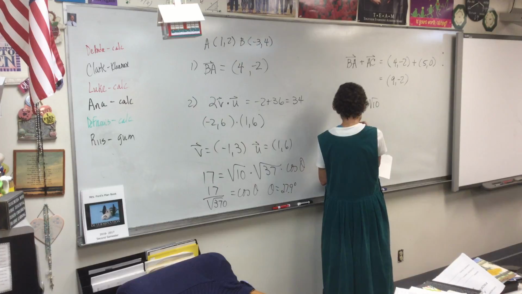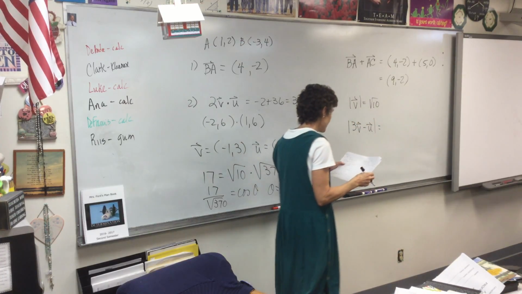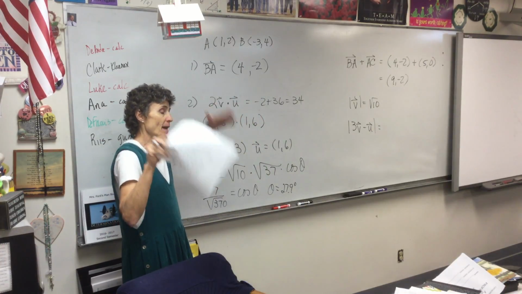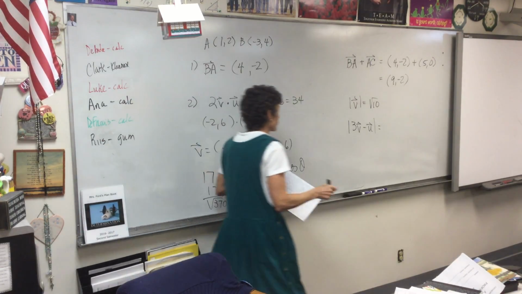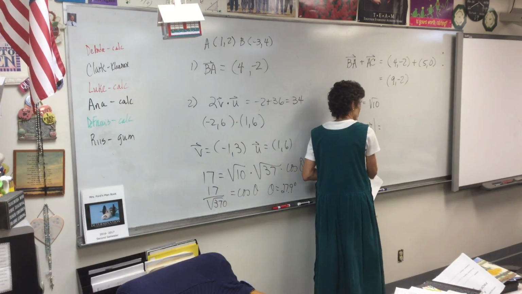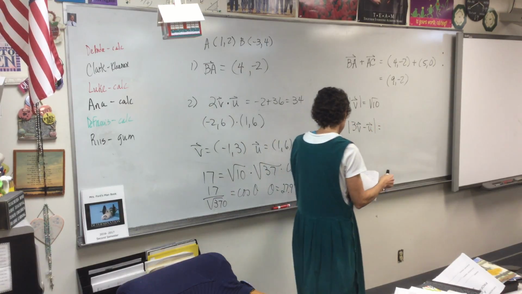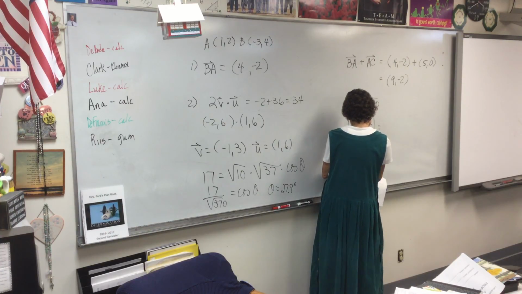Now we have to find the magnitude of 3V minus U. Treat the magnitude symbol, the absolute value symbol, like parentheses. So you want to evaluate this first before you find the magnitude. What would 3V be? -3, 9.